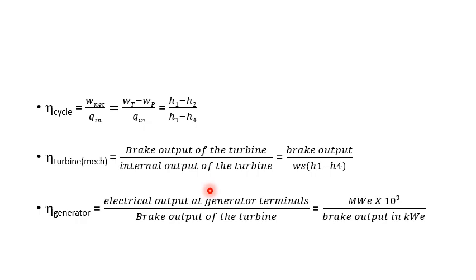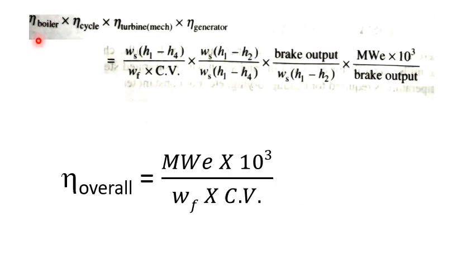Another efficiency is the generator efficiency of the electric alternator, which is equal to electric output at generator terminals divided by brake output of the turbine. Now, when we multiply all the efficiencies, like boiler efficiency, cycle efficiency, mechanical turbine efficiency, and generator efficiency, we get our final efficiency, that is overall efficiency.